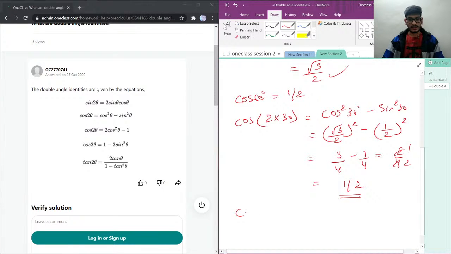Again using the second identity for cosine, this time we are going to use 2 times cosine square of 30 degree minus 1, 2 times root 3 by 2 whole square minus 1.